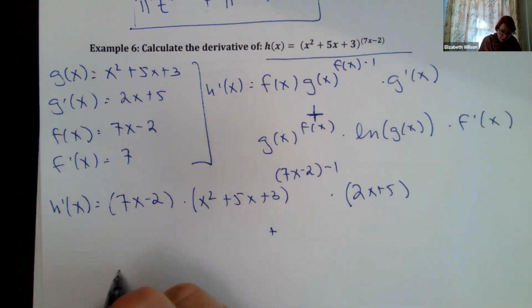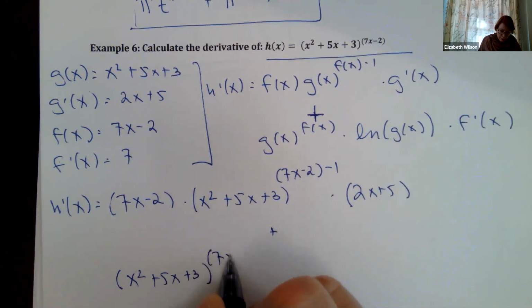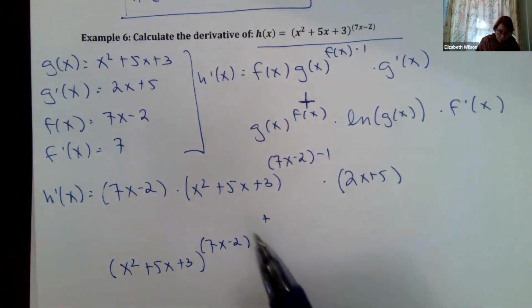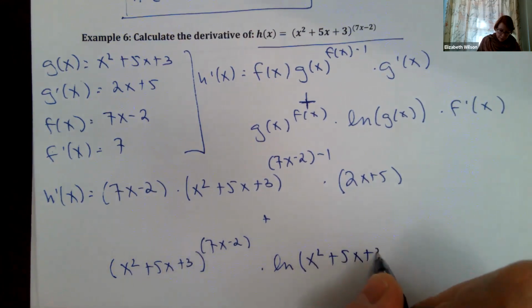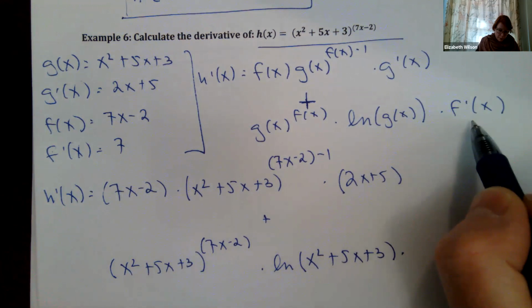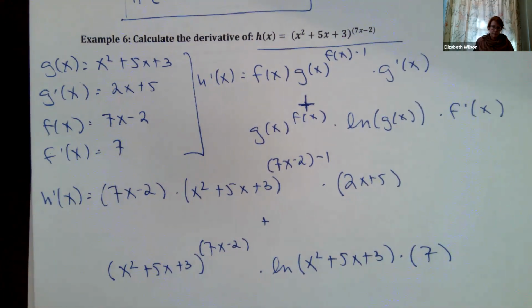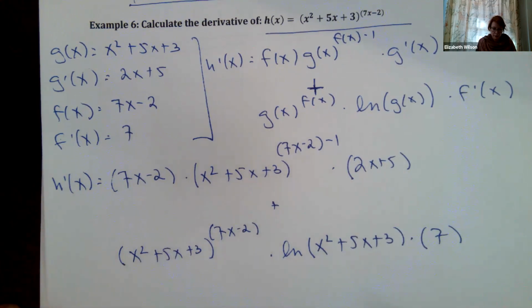So this says, let's repeat the exponential, x squared plus 5x plus 3, raised to the 7x minus 2 power, times the natural log of the base, natural log of x squared plus 5x plus 3, times f prime of x, 7. Okay, it's a lot. I could multiply these out and get another quadratic. All I'm going to do is bring some of these things together.